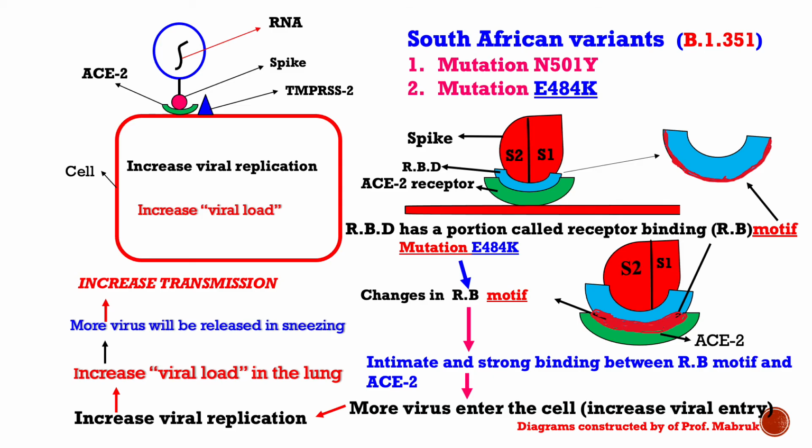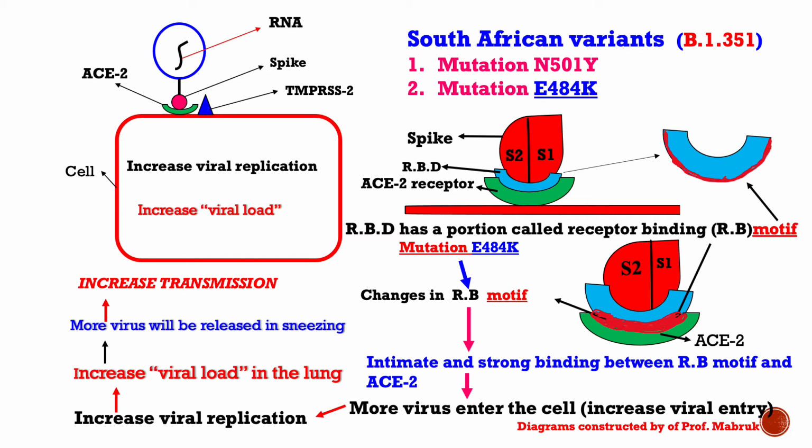We have stated previously that the UK variant or the British variant has 3 different mutations. The first mutation we call N501Y. The second mutation we call HV69/70. And the third mutation in the British or the UK variant we call the P618H mutation.